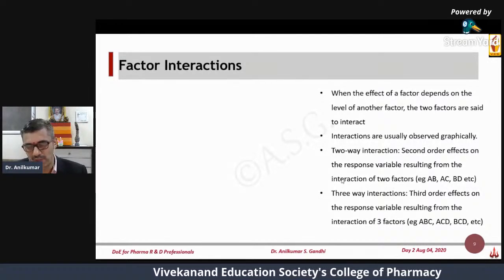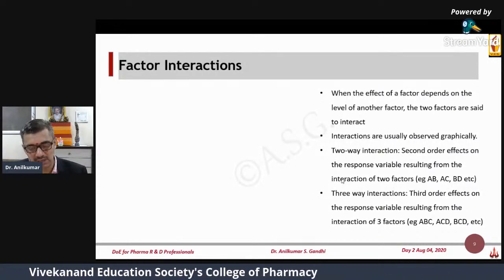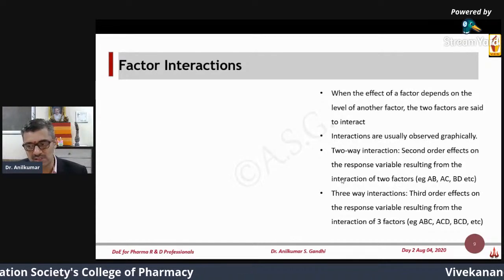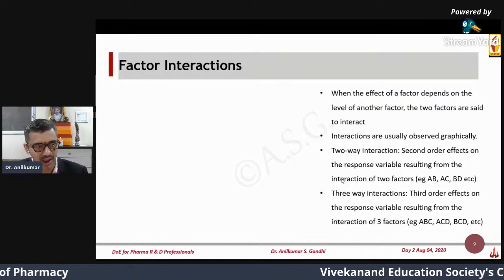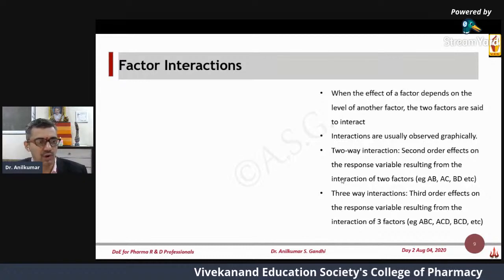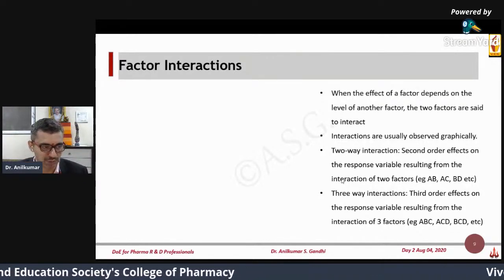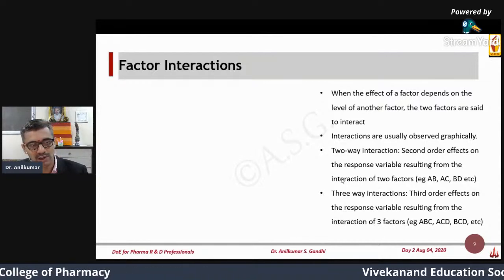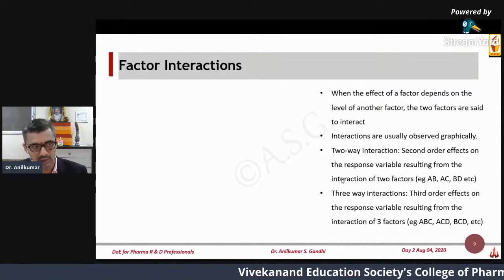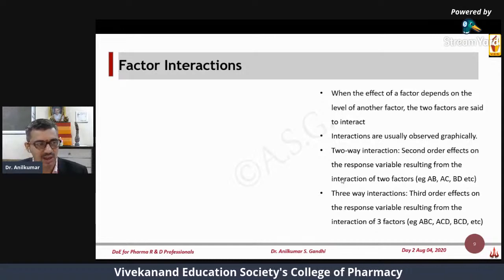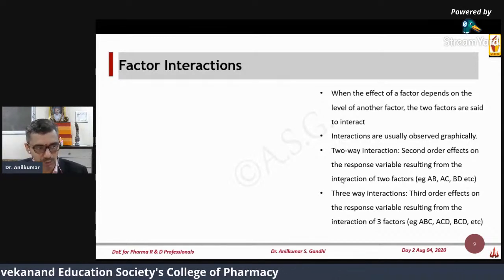But when the temperature is high, something probably gets charred, and even a low level of sugar doesn't give you the good taste it is ideally supposed to give.